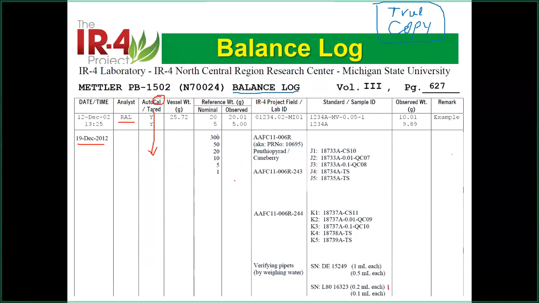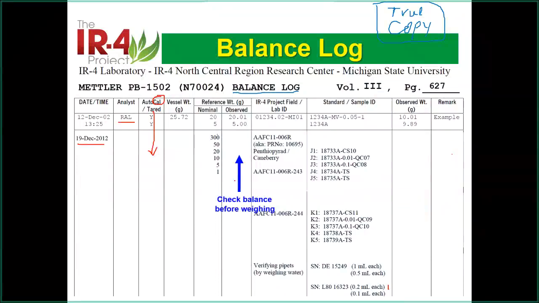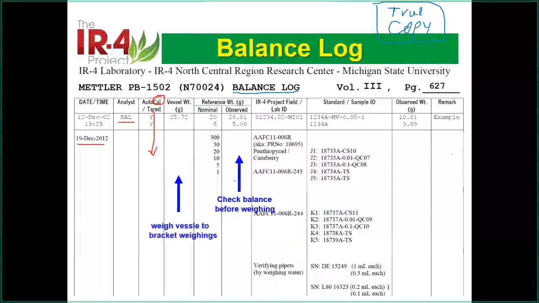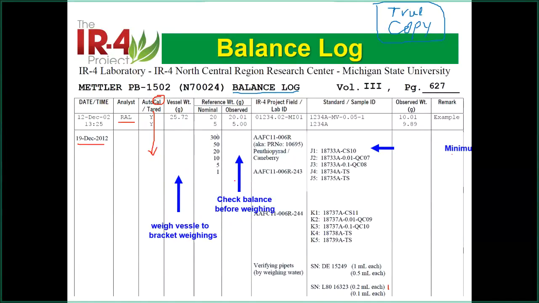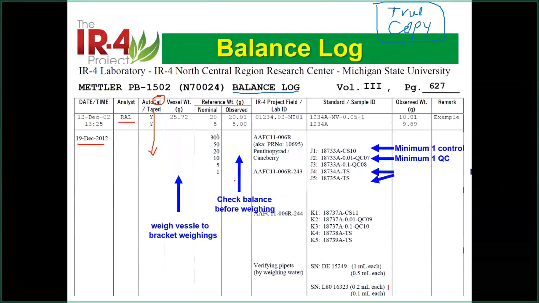Okay, so we have this observation, check balance, we have the vessel, this is a sample, this is a jar, and we have this minimum requirement. It must be 1 control and must be at least 1 spike sample. That's the protocol requirement. And then you do all your treated samples there.